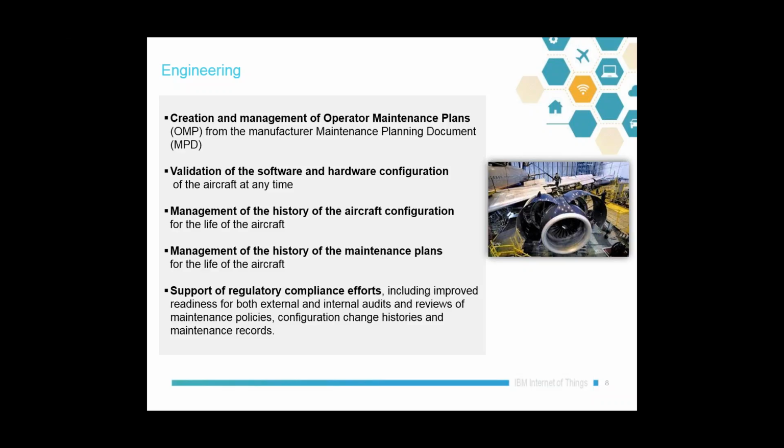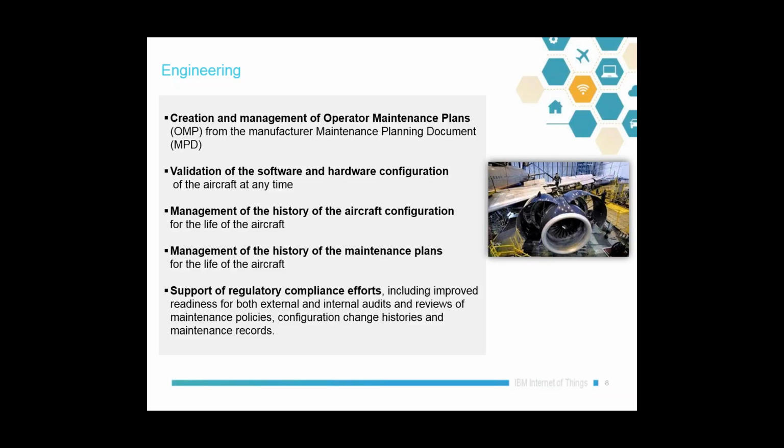So one of the overarching things that we've done here is dealt with aviation terminology. As I go through some of these items, we're starting to describe them more effectively in the lingo associated with aviation. For example, things like creation and management of the operator maintenance plans, and from the manufacturer's maintenance planning document.